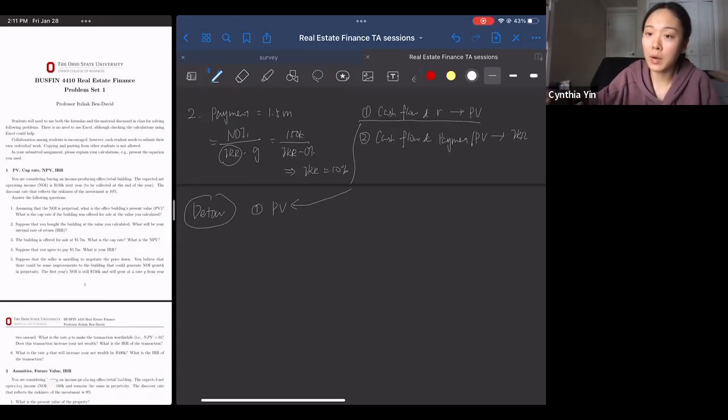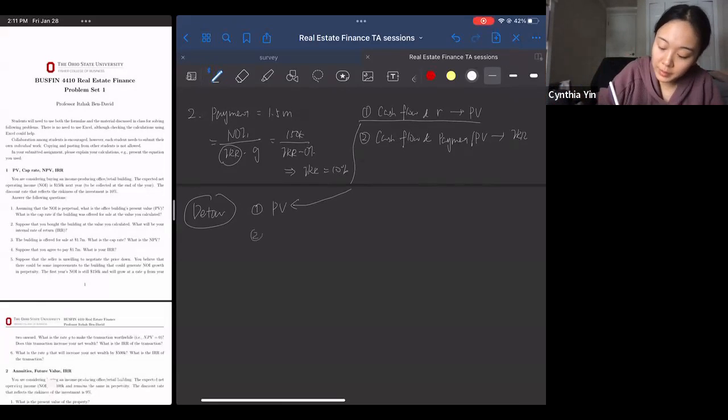You want to know how much it's worth today, because all the cash flows are occurring in the future. If you can get the present value for all the different projects, you can compare which one has better present value, which one is worth more today. So you're going to know which project is better for you.